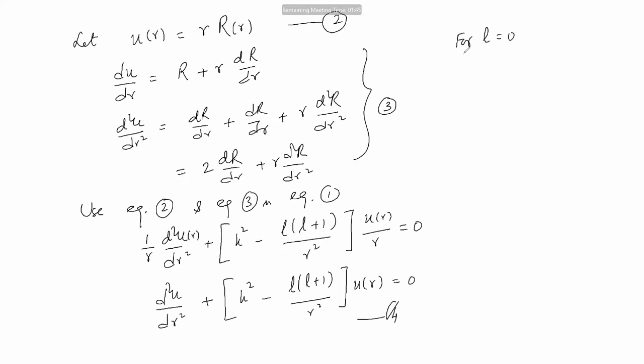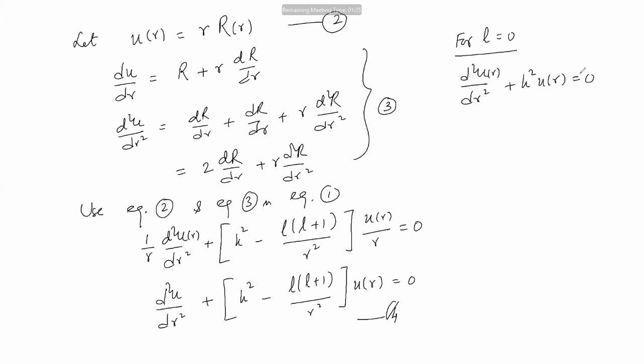Now for l equal to 0, I can write equation number 4 as d²u/dr² plus k² u(r) equals 0. Okay?